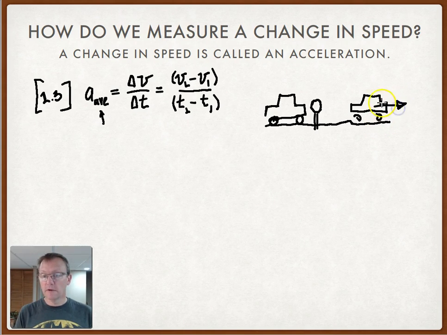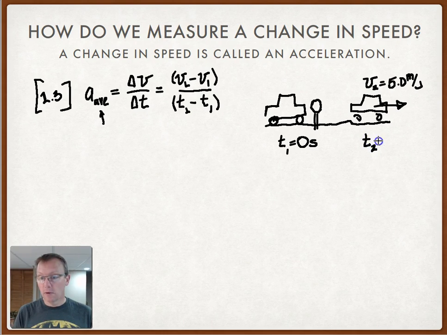Now this would be an instantaneous speed of, let's say, 5 meters per second. I'll give myself a second sig fig here: 5.0 meters per second. So you're stopped at a stop sign, and then after 2 seconds. So this is t1 equals 0 seconds, and this is t2 equals 2.0 seconds.